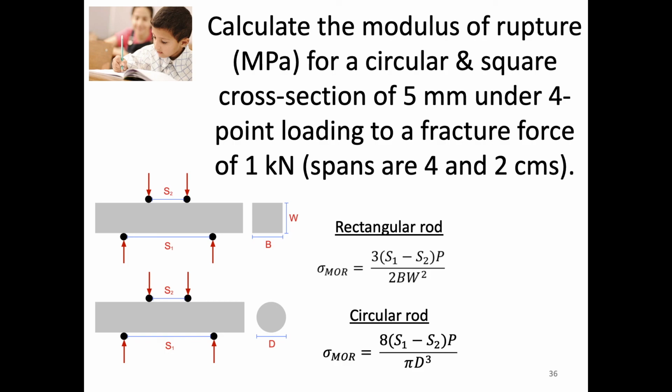And we put it in this 4-point arrangement, so the arrangement we see here. And let's say that both of them fail at a force of 1 kilonewton. And our spans are the same. So we have 4 and 2 centimeter spans. So see if you can calculate the modulus of rupture for both of those dimensions and compare them. And we'll come back and take a look at those values.